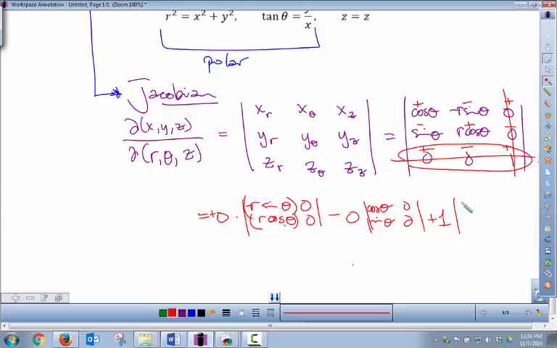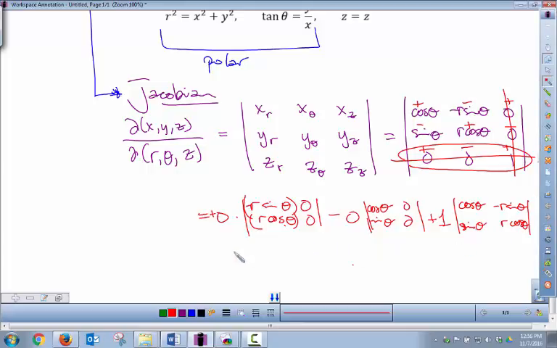And we have a 2 by 2 matrix with cosine theta, minus r sine theta, r cosine theta. And now we have to find the determinant of this 2 by 2 matrix, which is just the product of the diagonals minus the product of the wings, the other ones.